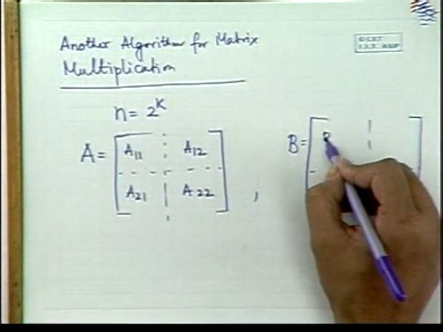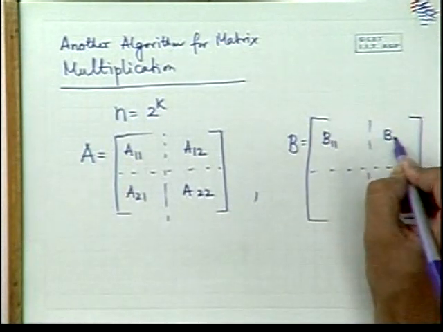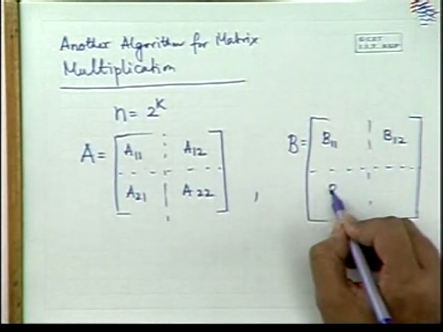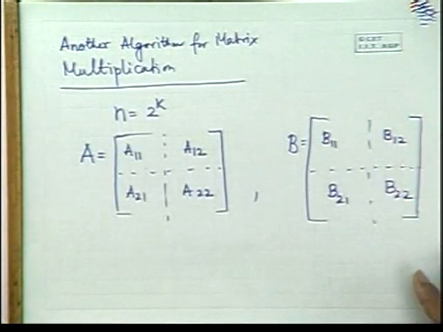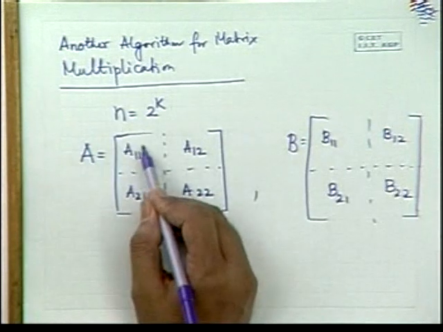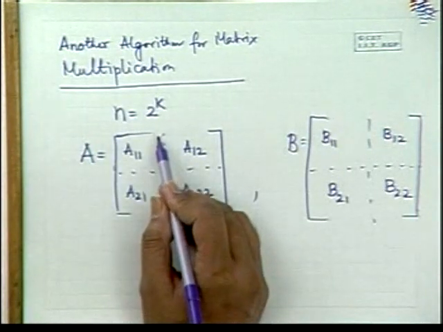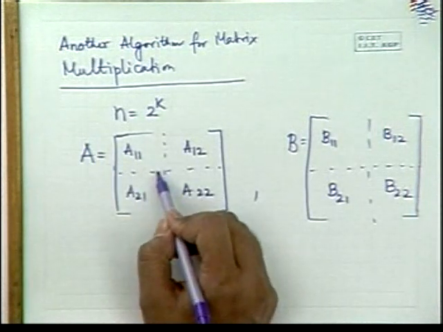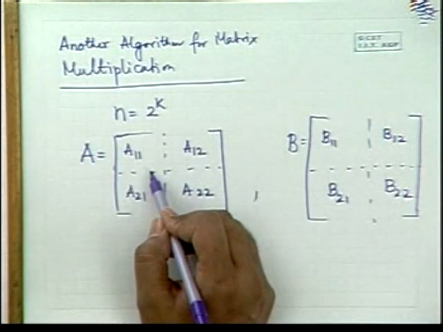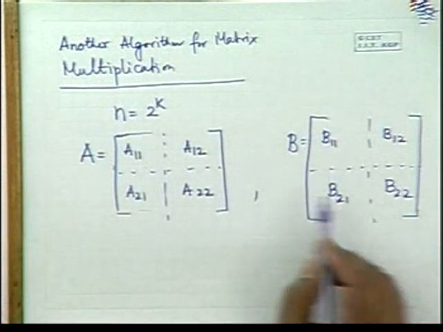Similarly, this one B11, B12, B21, B22. Mind that each one is n by 2 matrix. So this A11 is a matrix which is n by 2, each one of these.